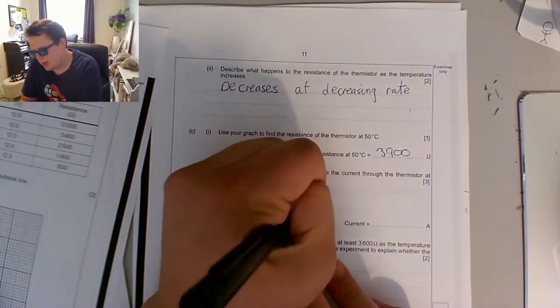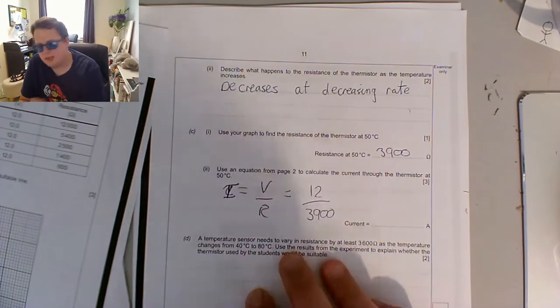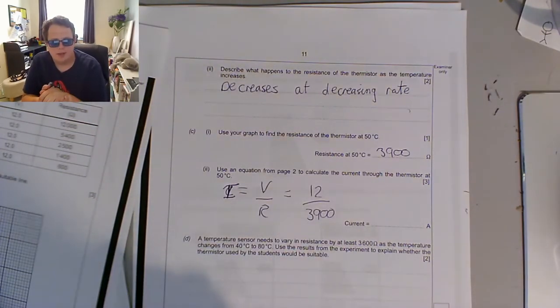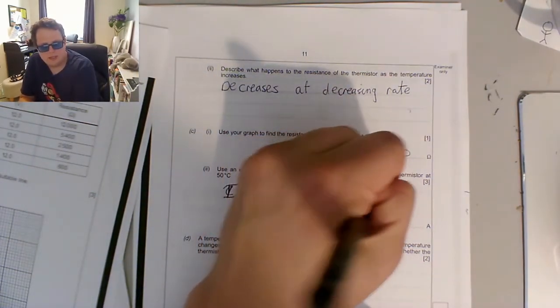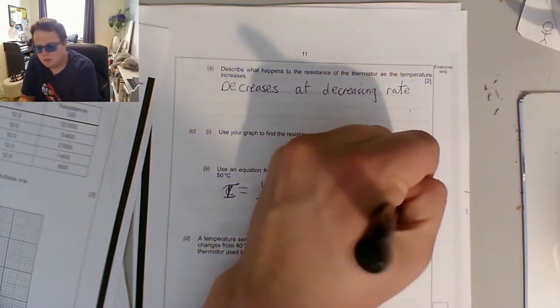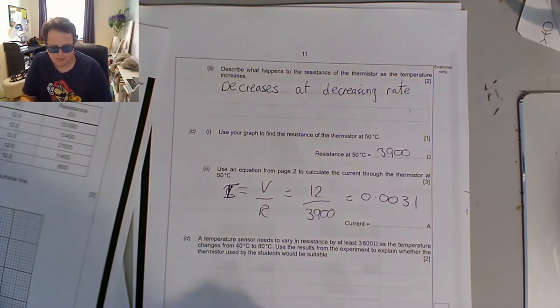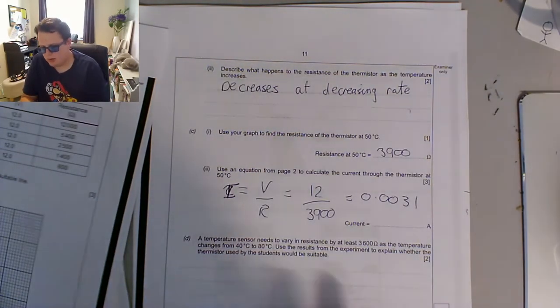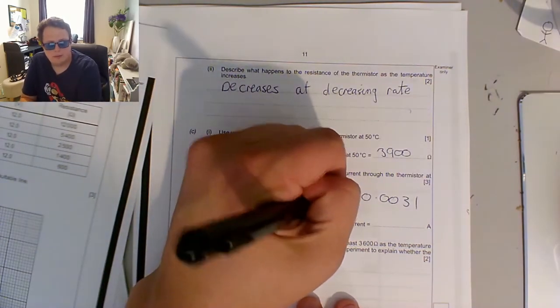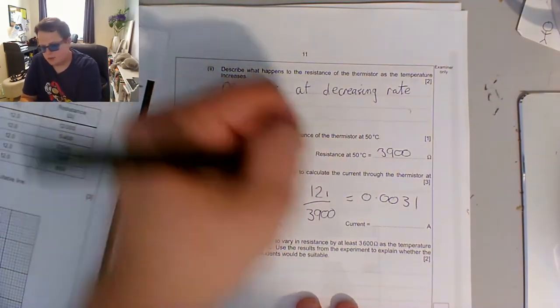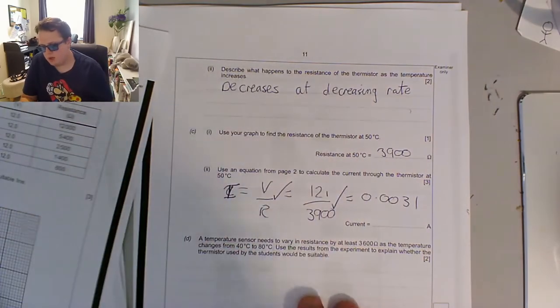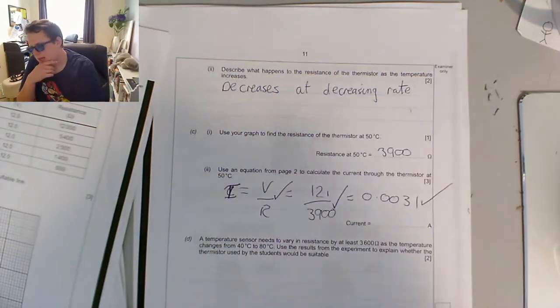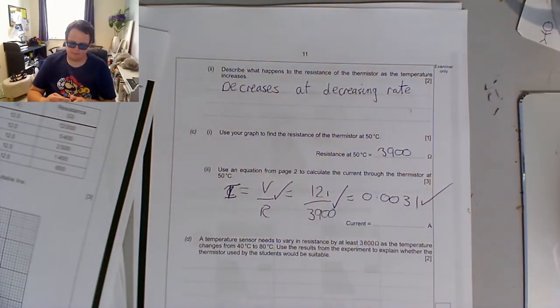In this case, 12 divided by 3,900, because that's what I've used. That gives me an answer of 0.0031. In terms of the marks, it's worth 3 marks. So it's 1 for selecting the right equation, 1 for putting in your answer of 3,900, and 1 for 0.0031.